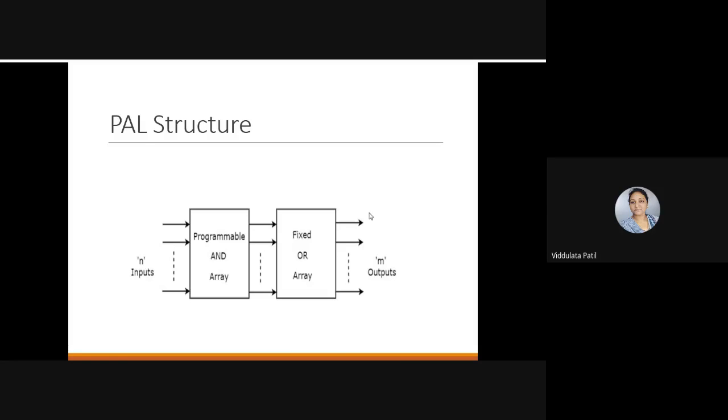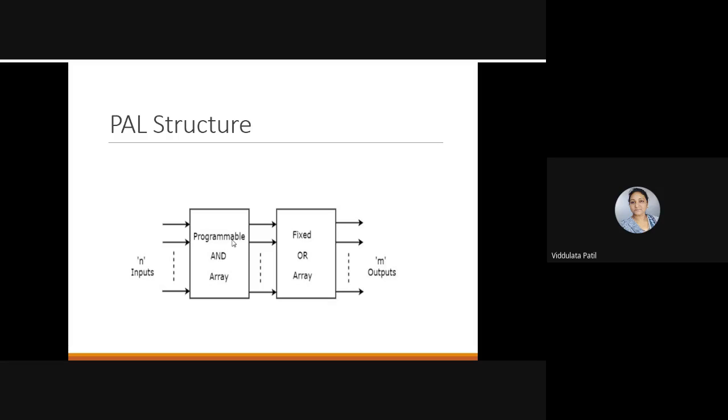Okay. Now another type of structure, that is a programmable array logic. Okay. So here, the AND array is programmable, while the OR array is fixed. So whatever connections you want to change or program, you can do at the input, that is the AND array.